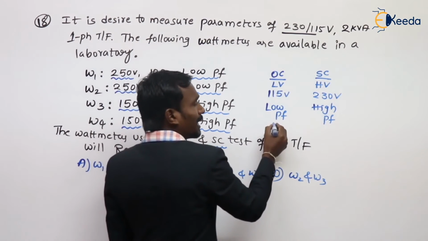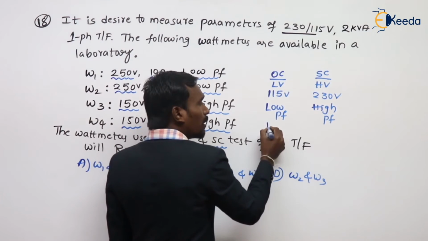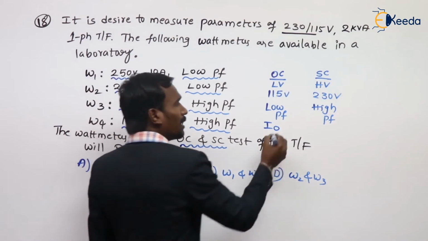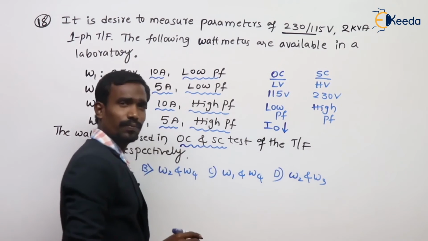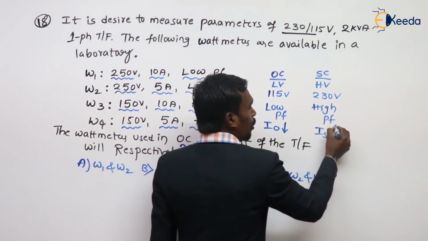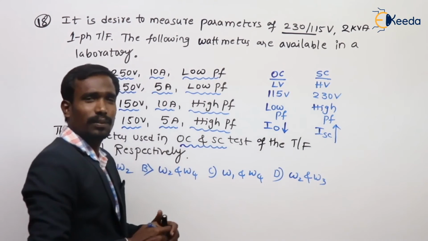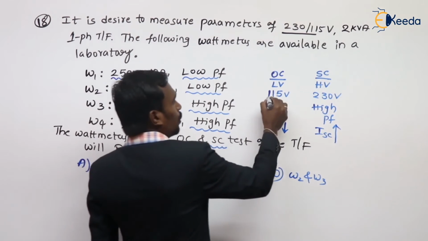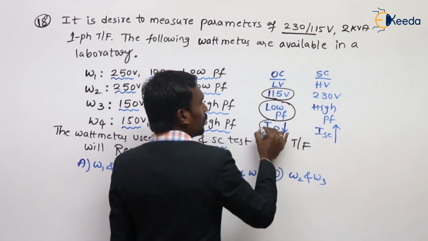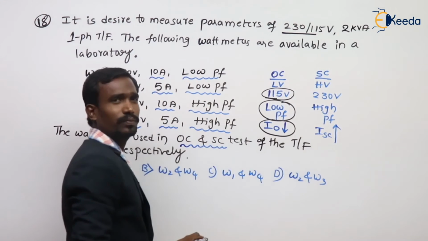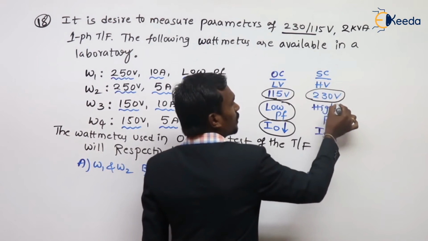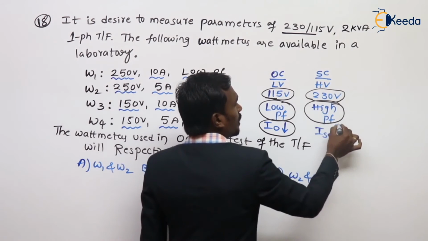In OC, the current I naught is very small, so less current is required. But in SC, due to short circuit, the current is more, so high current is required. So on the LV side: low voltage, low power factor, low current. On the HV side: high voltage, high power factor, high current.